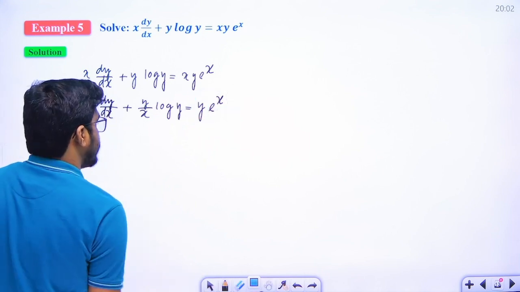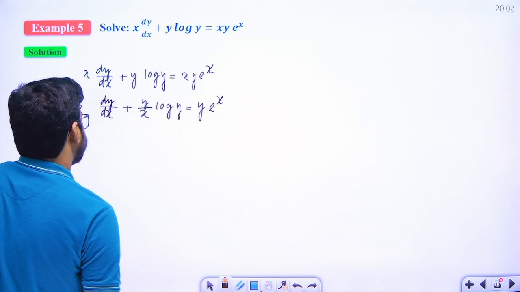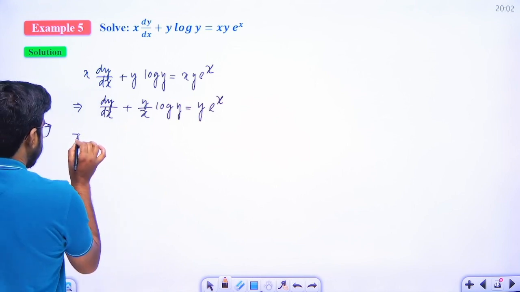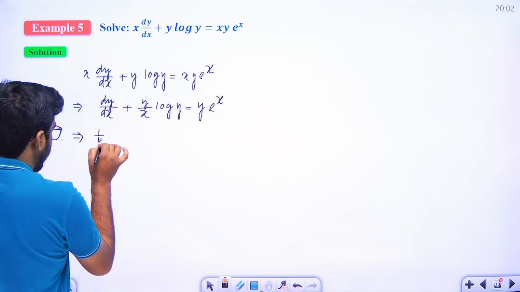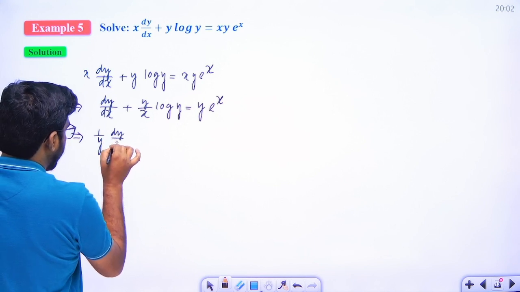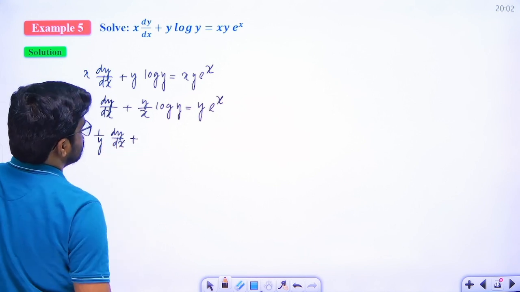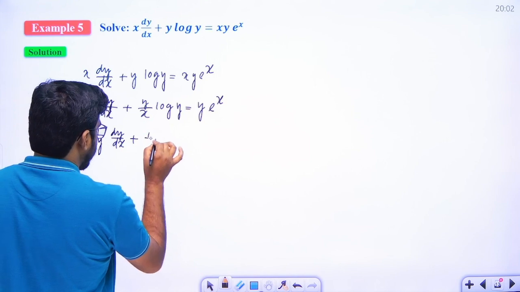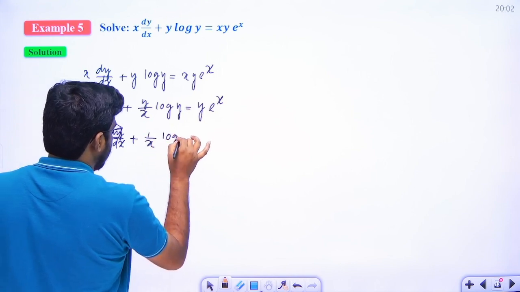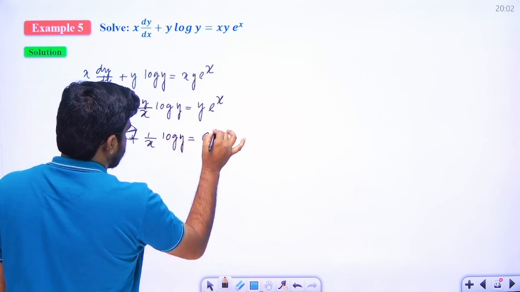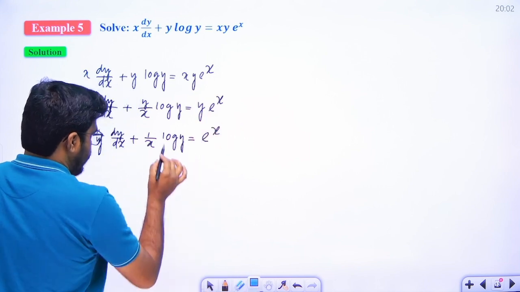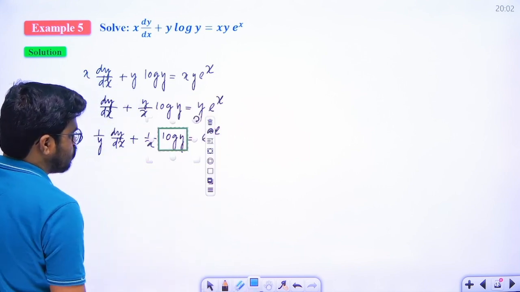Dividing both sides by y, what do we get? 1 by y dy/dx plus, dividing by y, 1 by x log y, equals e to the power x. Now we will consider the function of y as z, right?